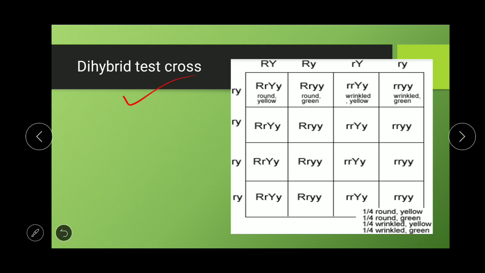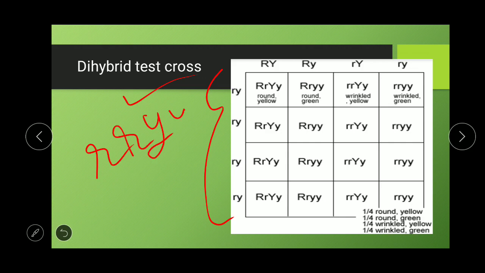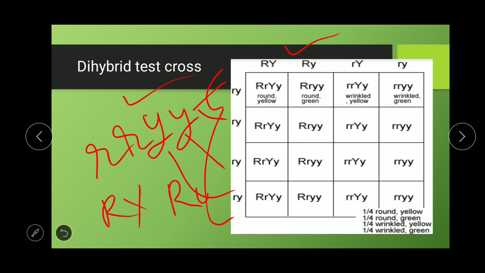Now dihybrid test cross. As you know, dihybrid means it involves two characters. Here you can see homozygous recessive we have taken, small r small y, and these are the gametes formed, small r and small y. These are the four gametes we have got from the other plant, capital R, small r, capital Y and small y, and you don't know which one is actually the genotype.